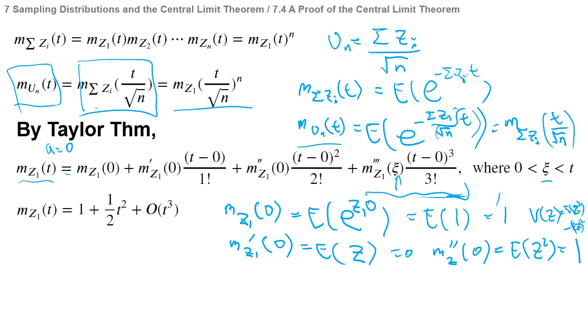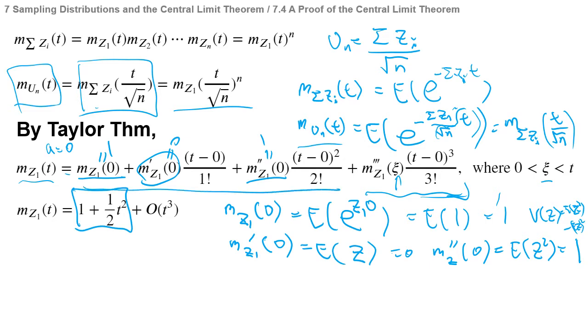And so we can put these values: M_{Z1}(0) is 1, the first derivative is 0, this is 1, and so we have this thing for this part.